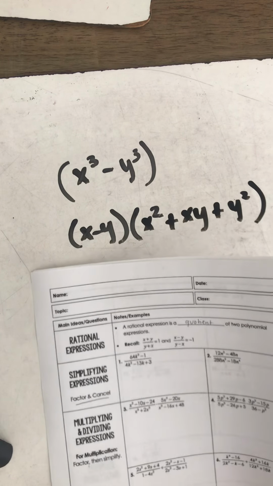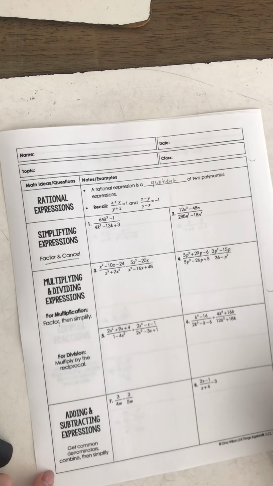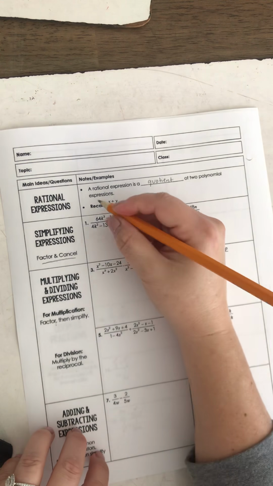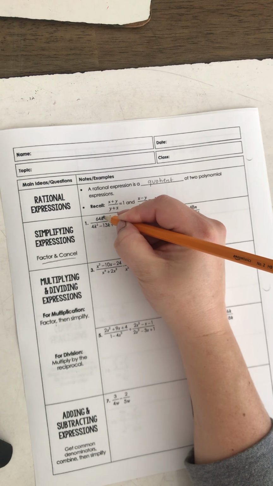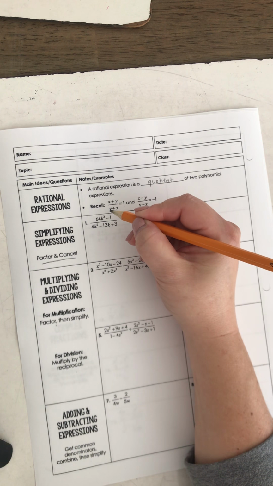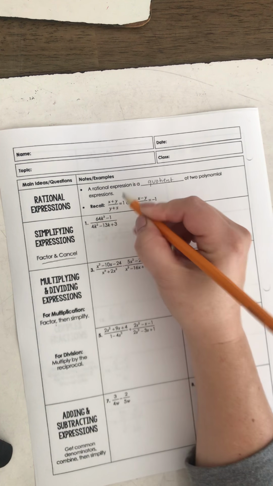Okay, so let's take that knowledge back to number 1 from the notes. 64k to the third simplifies to be 4k to the third minus 1k to the third.